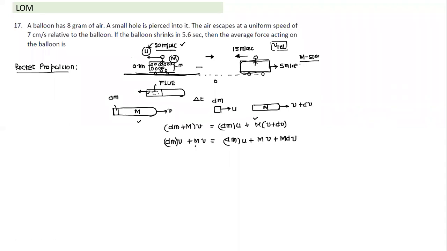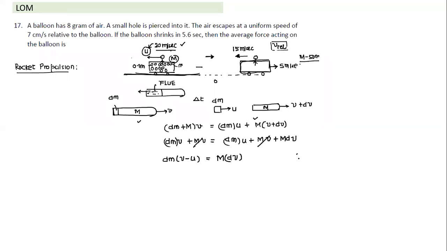The mv terms cancel out. So what are we left with? dm into (v minus u) is equal to m dv. What is v minus u equal to?